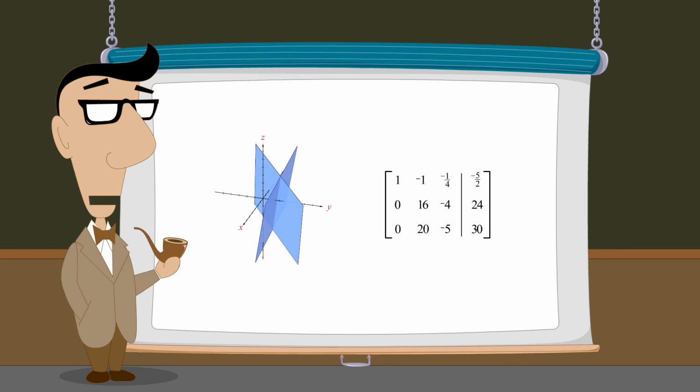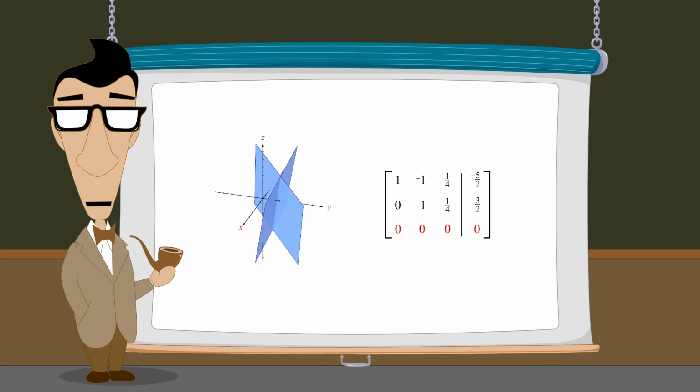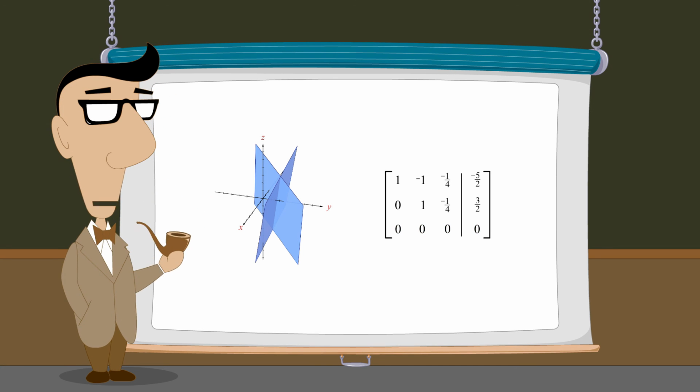As the process continued, since rows 2 and 3 both described identical planes and were therefore multiples of each other, row 3 became 0, eliminating one dependent equation that described one of the identical planes. This resulted in an equivalent independent system composed of 2 intersecting planes.